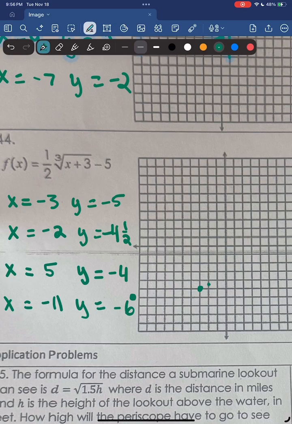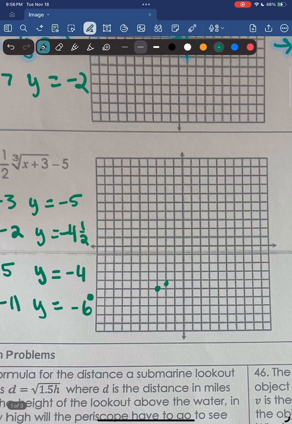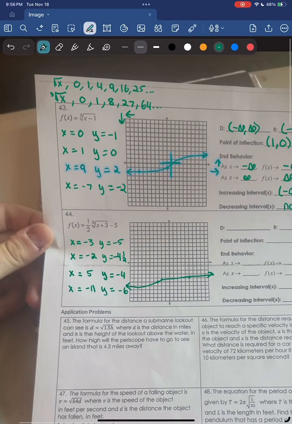And then we have 5, negative 4. See, it almost looks just like that curve that we had above it, right? Except it's a little shrunk because we have that 1/2 shrink. It's not as drastic of a curve, and then it's shifted.